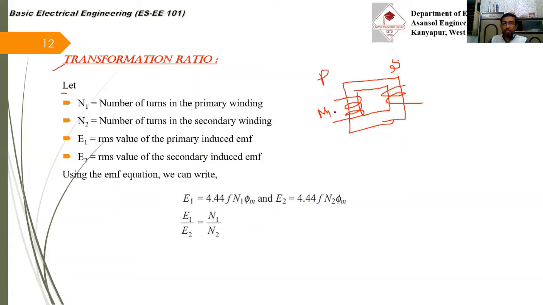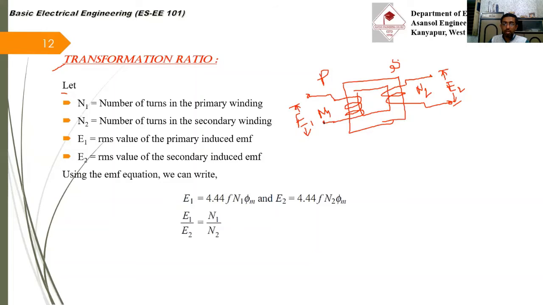Here N1 number of turns is there, here N2 number of turns in the secondary winding. E1 is the RMS voltage in primary and E2 be the RMS voltage in secondary.